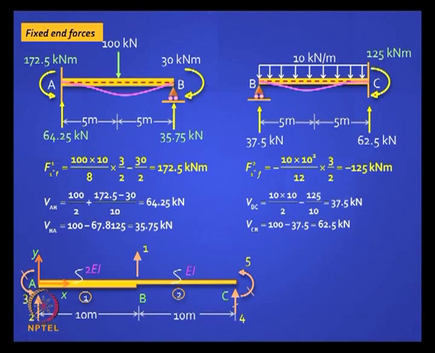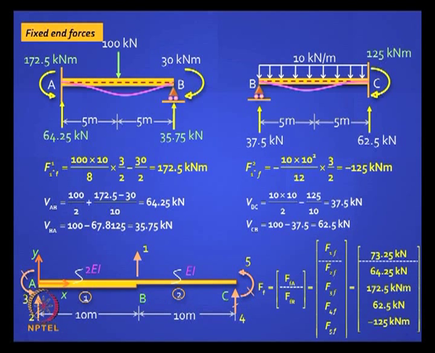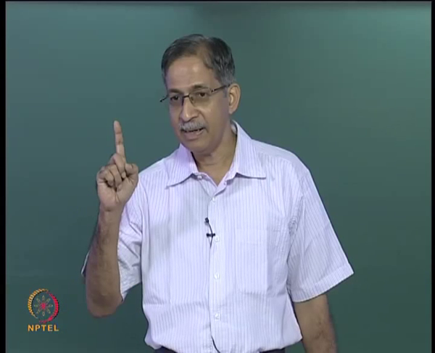Well, yes. Can you find out FFA and FFR? Well, it is easy. Do it by inspection. Corresponding to this coordinate 1, you have to add up this reaction and this reaction, right? It adds up to 73.25, and similarly you can fill all the other fixed end coordinates, 1 active and 4 restrained.